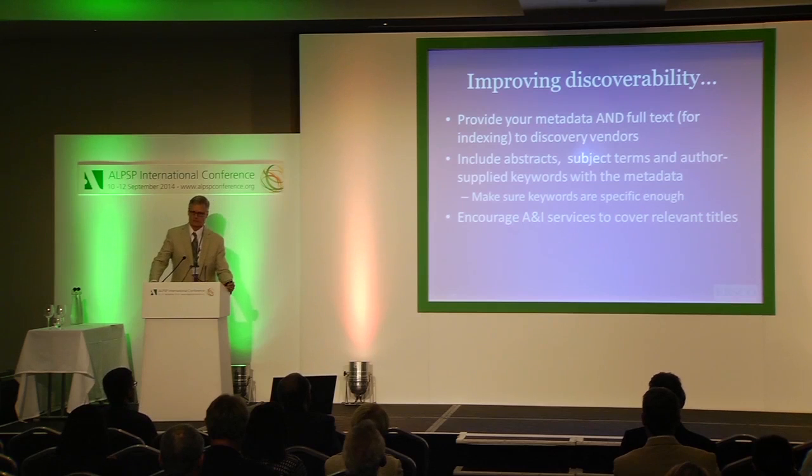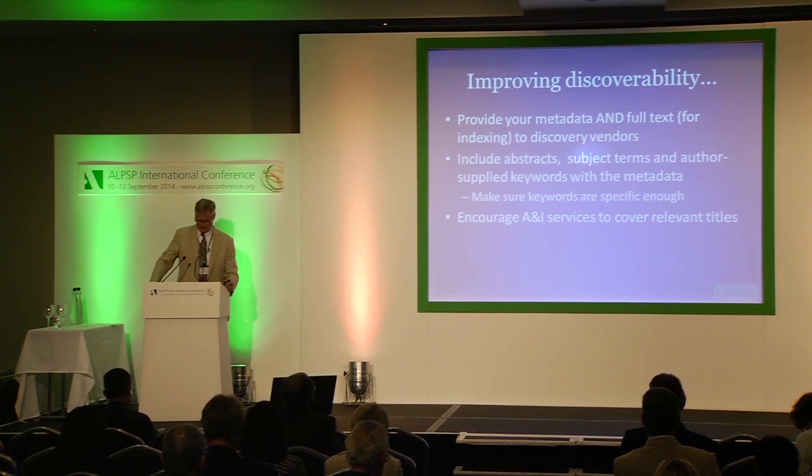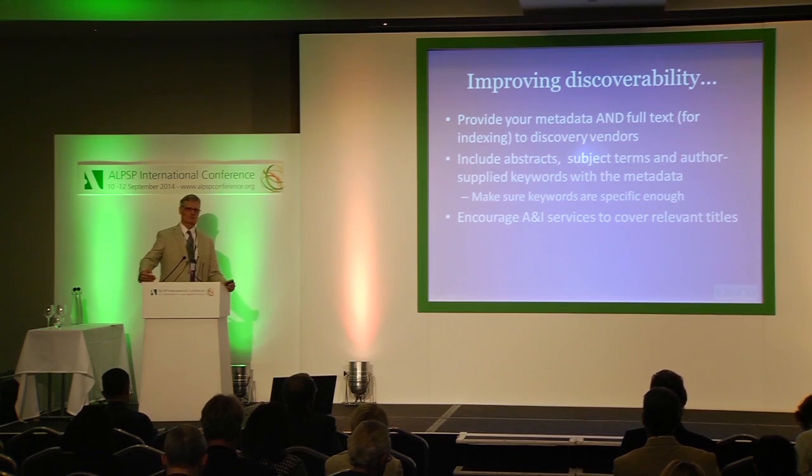If we're looking at discoverability, it's about the metadata, and we've been hearing this in the previous two talks as well. Make the provision of metadata to outside search engines and discovery engines a priority, not necessarily a top priority, but it shouldn't be an afterthought.